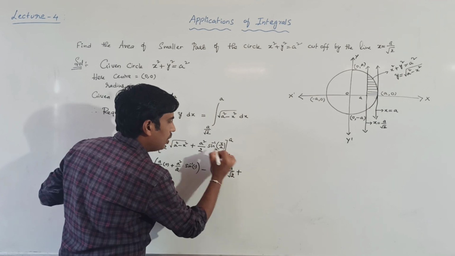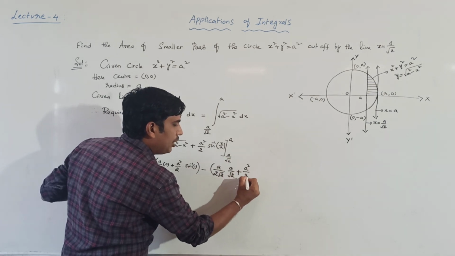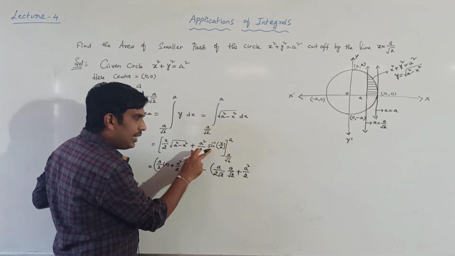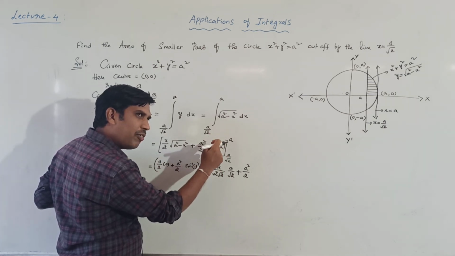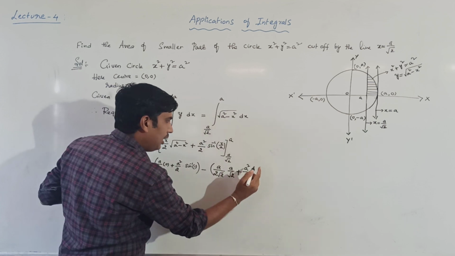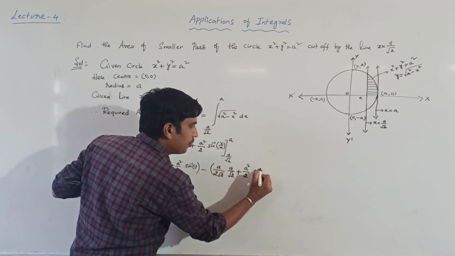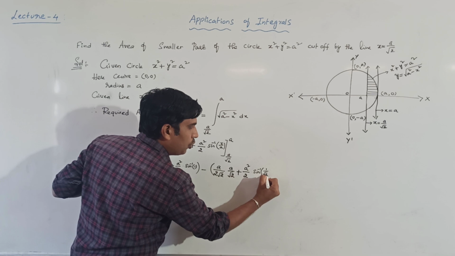Plus a square by 2 into sin inverse of a by root 2 by a. Cancel, 1 by root 2 remains, sin inverse of 1 by root 2.